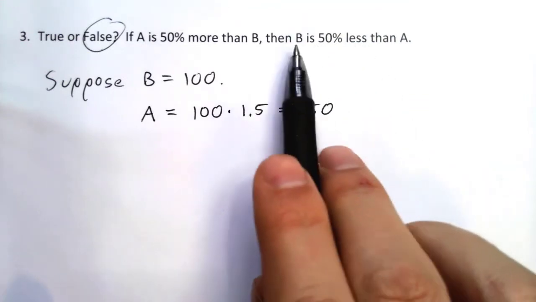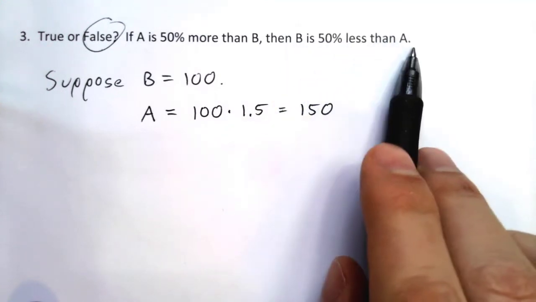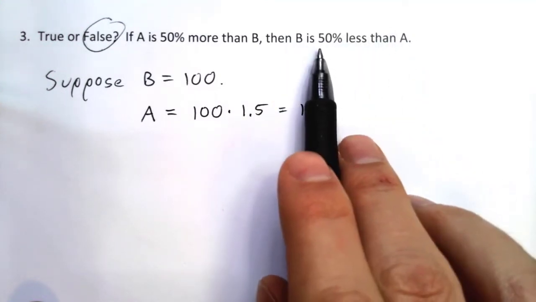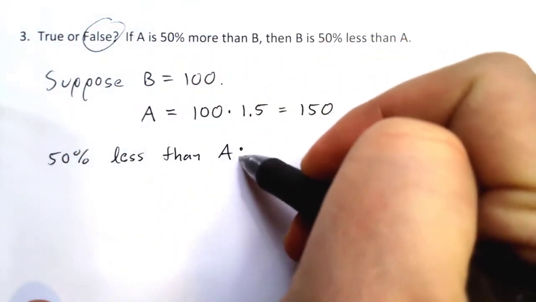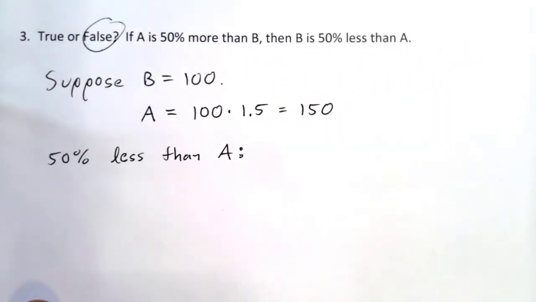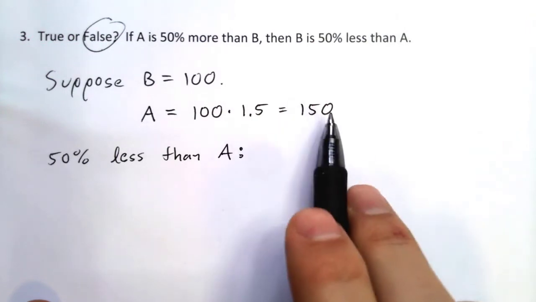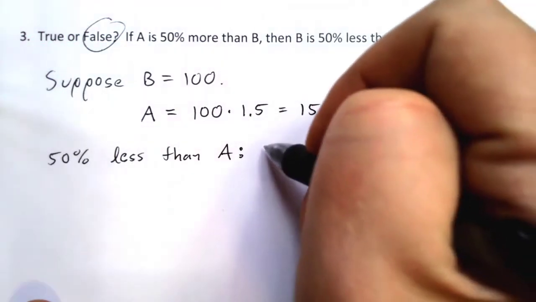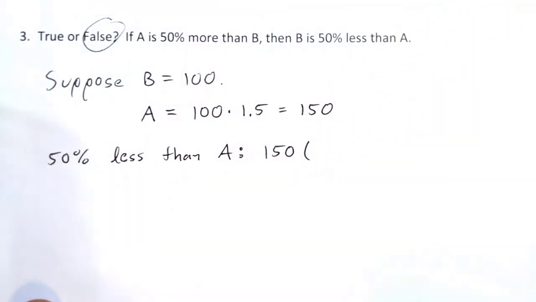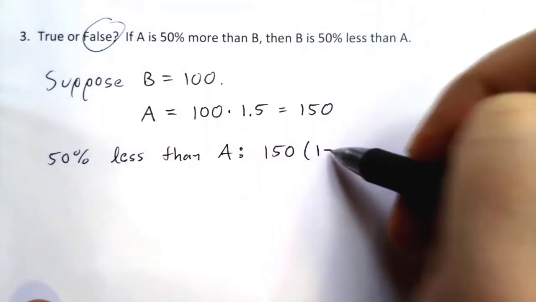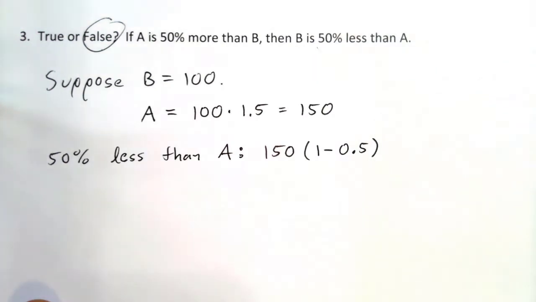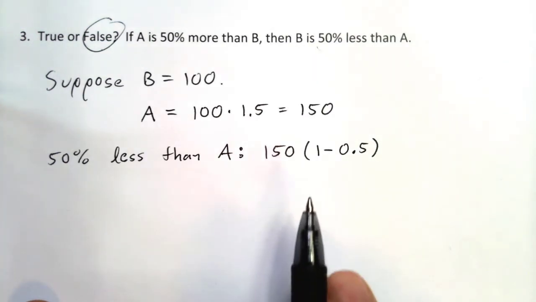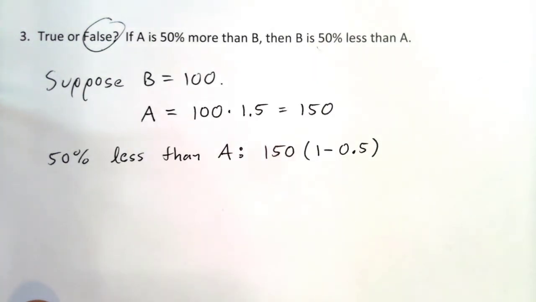So is it true that B is 50% less than A? Well, let's compute 50% less than A and see what we get. To compute 50% less than something, we take that thing, which in this case is 150, and we multiply it by 1 minus that percentage as a decimal. Again, we talked about this in the previous video, so you might want to check that to see why that's the case.